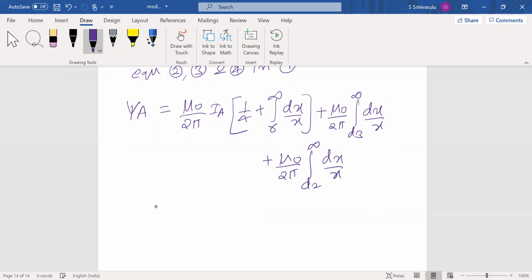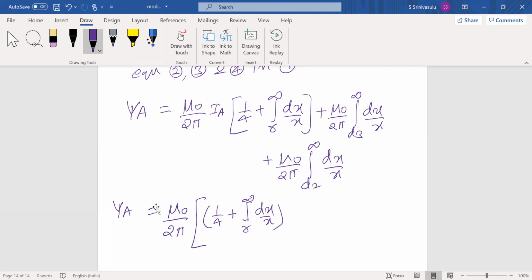Now, if you write, what is the common term in this? Mu naught by 2 pi is common. That comes outside, mu naught by 2 pi comes outside, and write the remaining terms. What will we get? The 1 by 4 plus the integration of R to infinity dx by x, into IA.